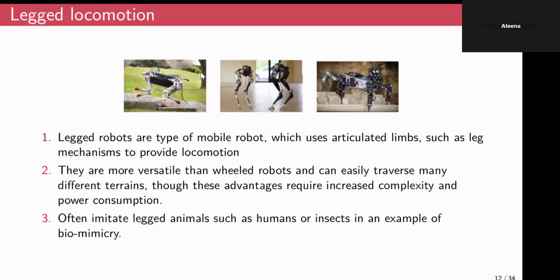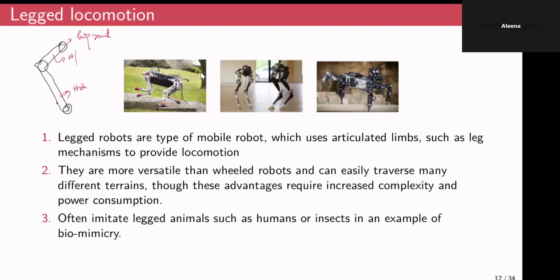Just like how we have legs in a human body, a legged robot has legs, and there are multiple members in each of them. I'll label this as member one, and this as member two, and the members are connected using joints, right? I'll call this joint the hip joint.